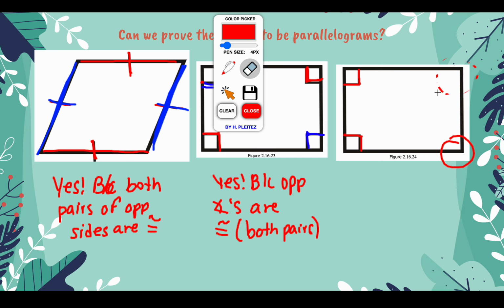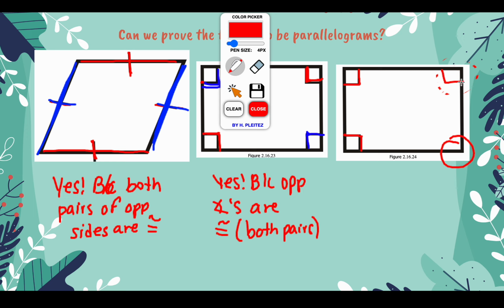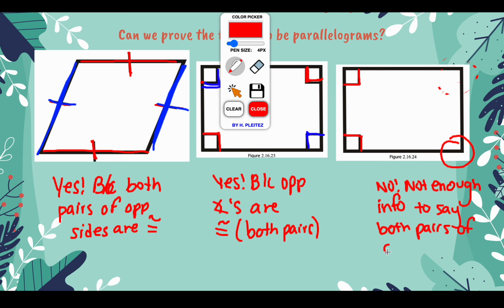But if we did have that this was 90 degrees, then yeah, we can say that that last one is 90, but we don't have that. So no, there's not enough info to say, because I think the goal would be to say that opposite angles are congruent. So not enough info to say that both pairs of opposite angles are congruent.